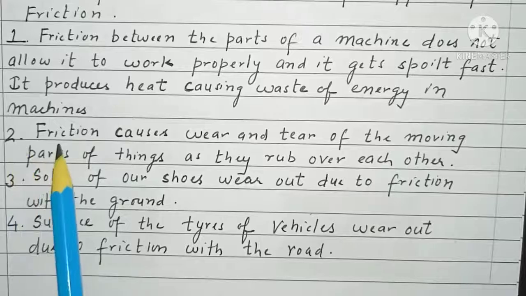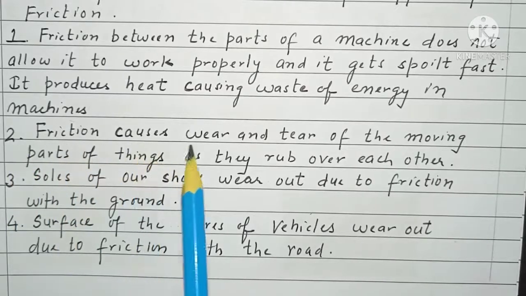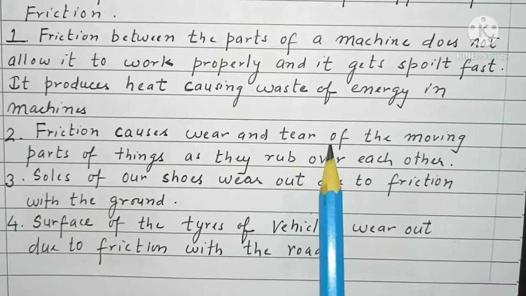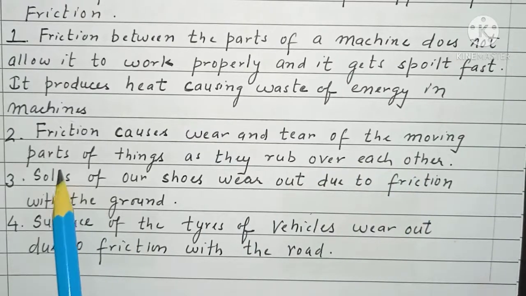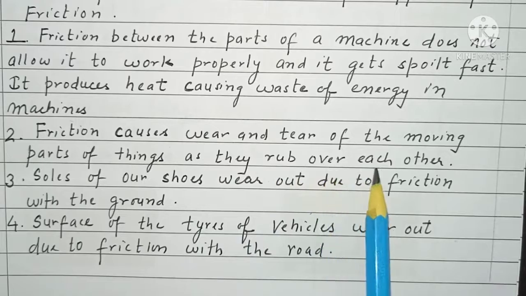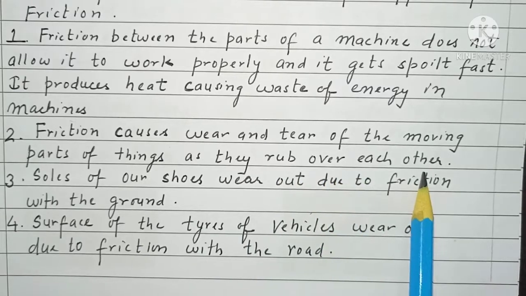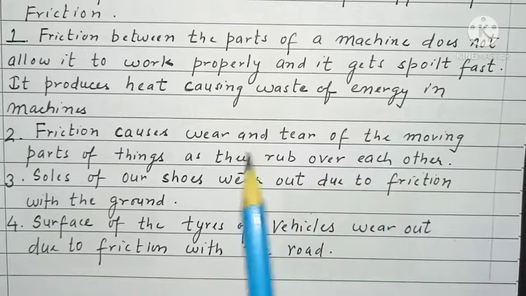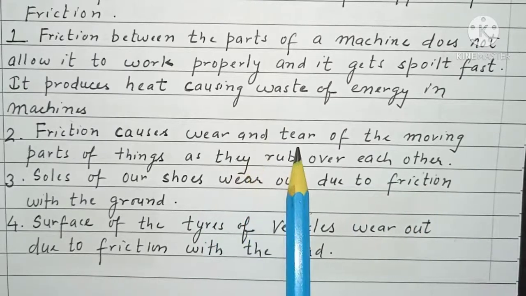Number two, friction causes wear and tear of the moving parts of things as they rub over each other. As we know, friction is a contact force. So, when parts are rubbing over each other, it causes their wear and tear.